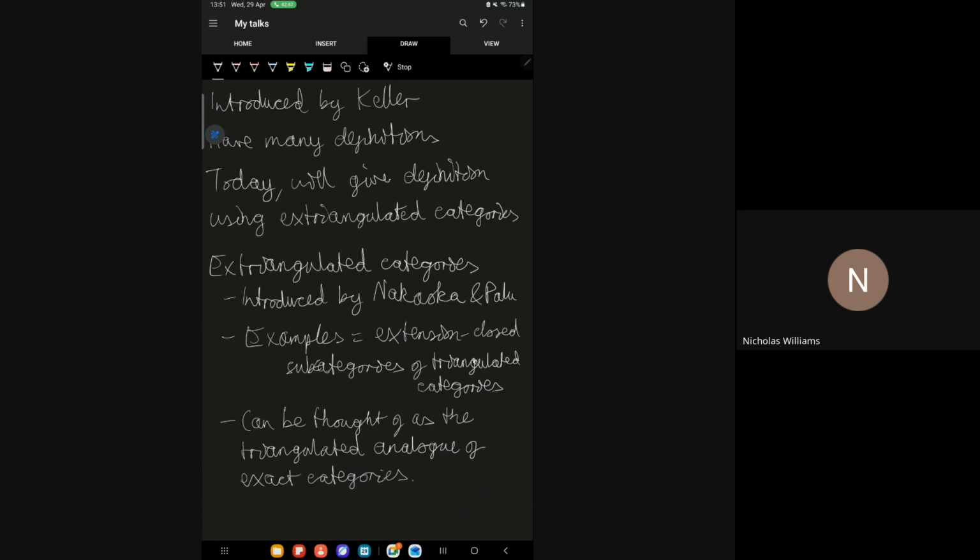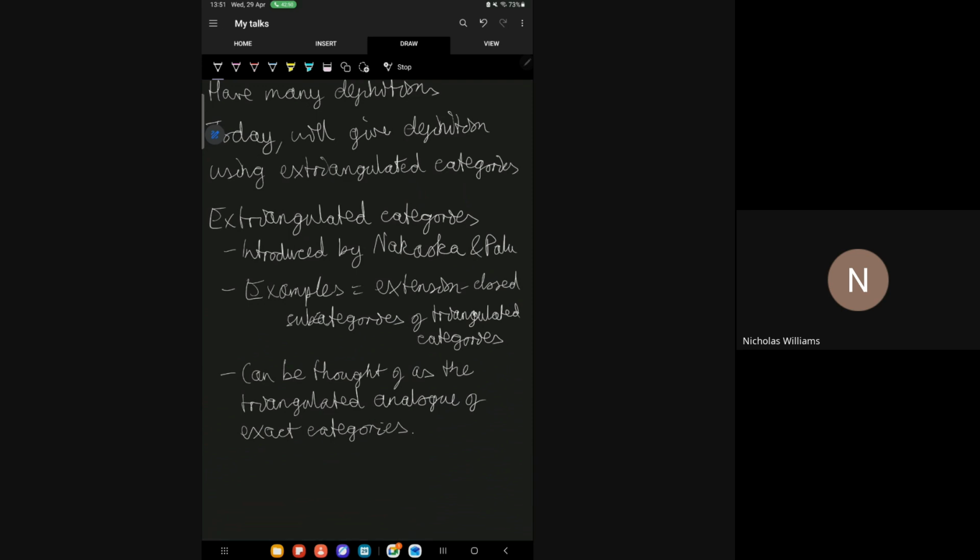So for exact categories, we have some sort of distinguished class of exact sequences which we work with. And those exact sequences in our exact category that we want to consider might somehow not be all of the exact sequences.